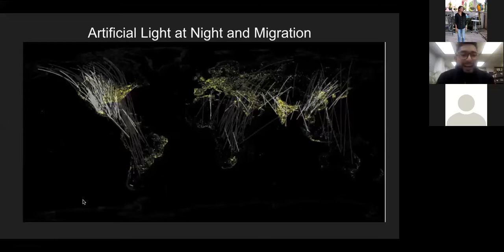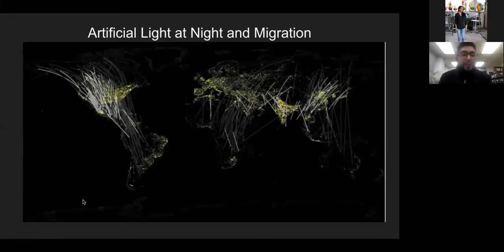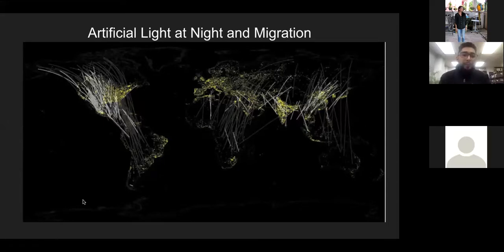What we wanted to share in this slide is an overlay of the flyways of the birds in these three great flyways that I showed you in the map before, but also, in yellow, you're going to see the cities lit up at night. It is easy to realize that many of the migratory birds are flying across sites that are lit up at night.